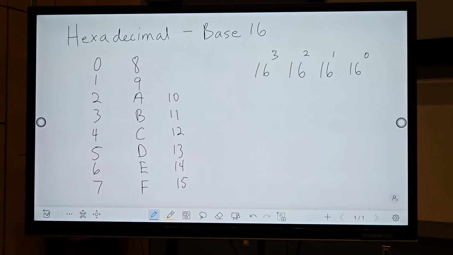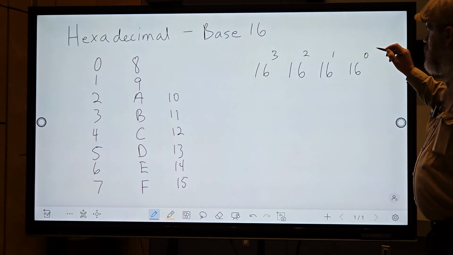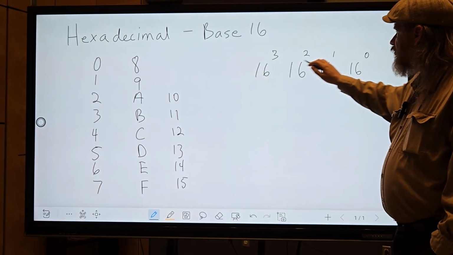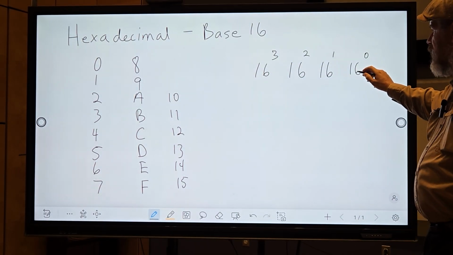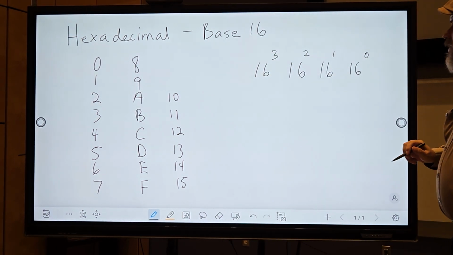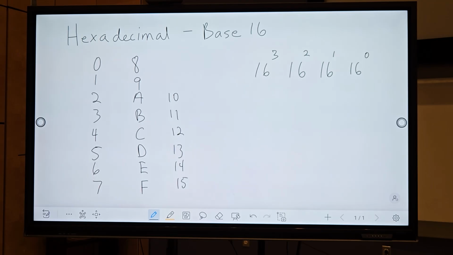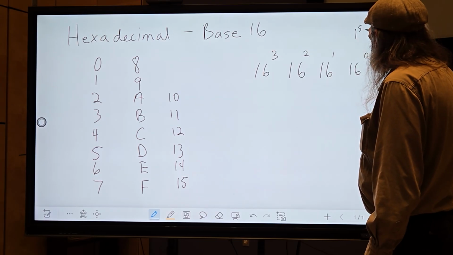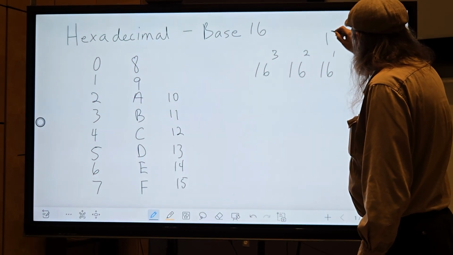So different positions have different values. The base raised to the increasing number power as you go left, starting at 0. So this is the 1's position. This is the 16's position.